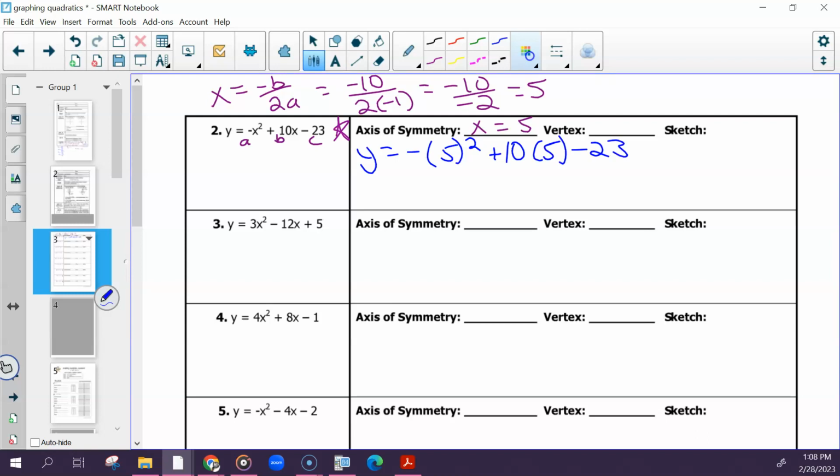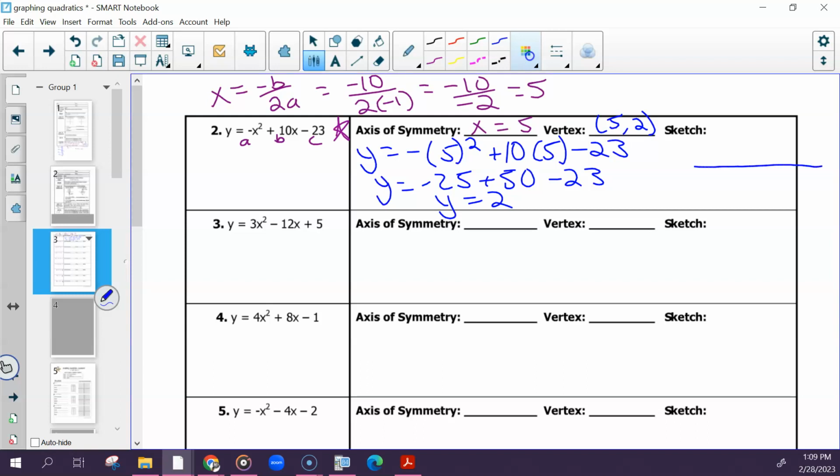So this would be positive 25, but it has a negative, so it becomes negative 25, plus 50 minus 23. What would that be? Positive 2. So how would we write our vertex? 5, 2.